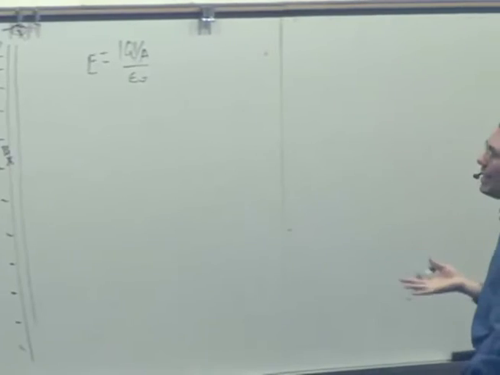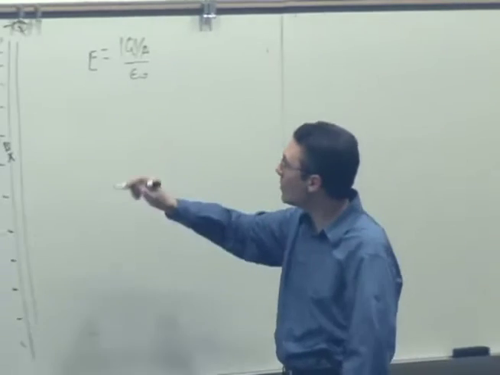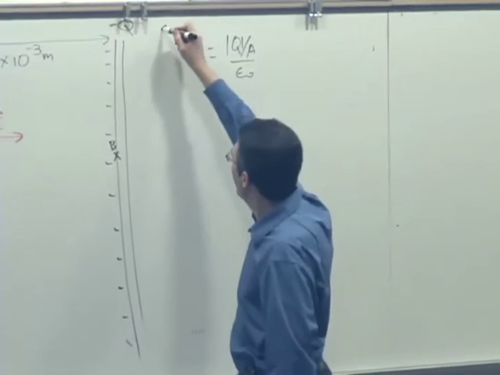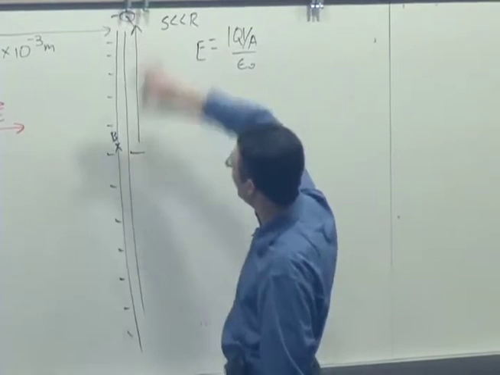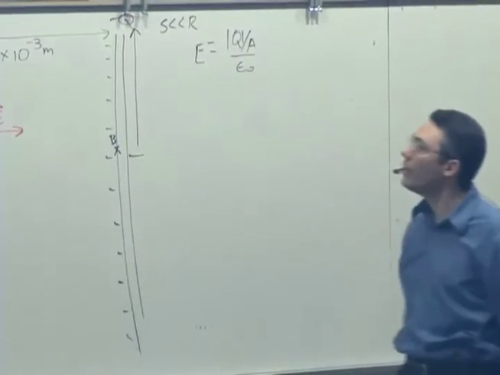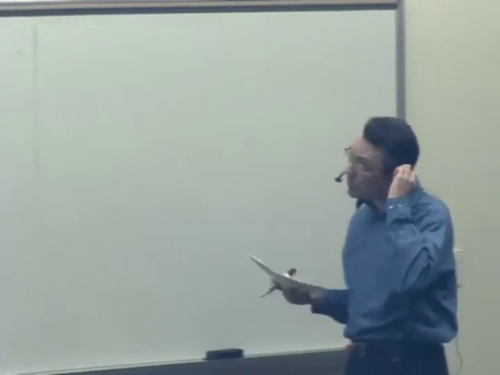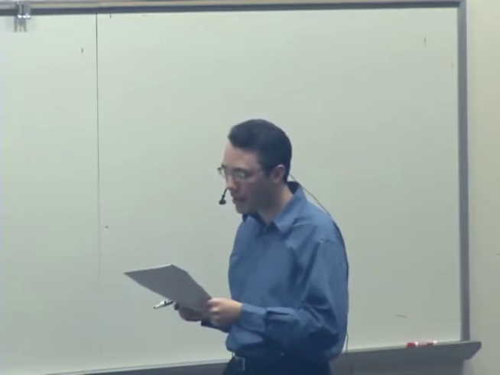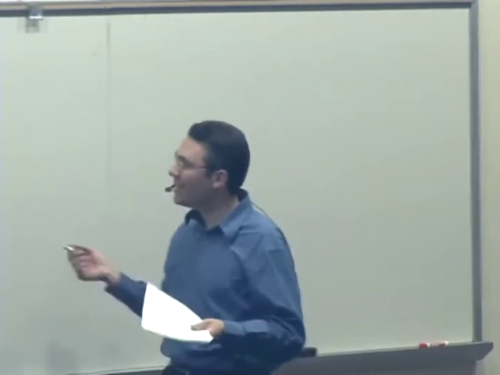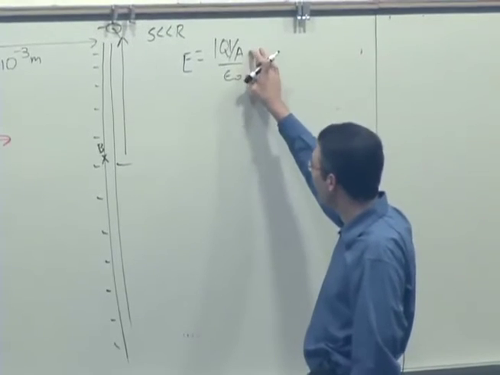So the issue is that it's in the approximation that this distance S is much smaller than the size of the plate. So the radius of the plate is stretching far beyond what we can see right on the board. It's a small gap, and so the field is mostly uniform inside. We can use this constant field approximation. So in fact, I'm not even going to worry too much about the charge or calculating the field from the area.